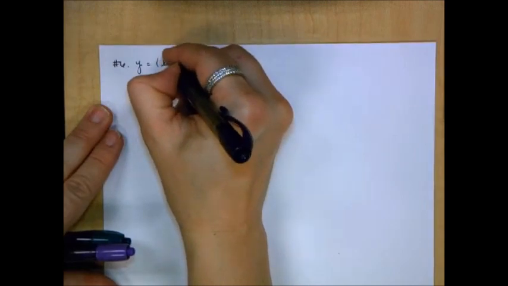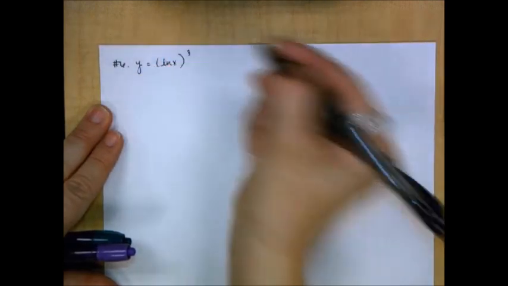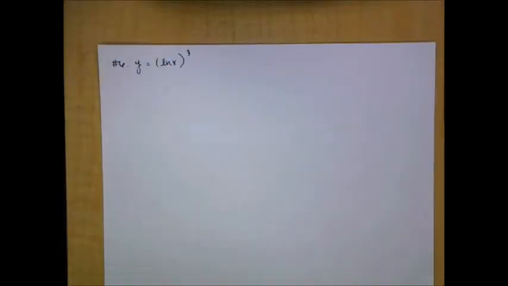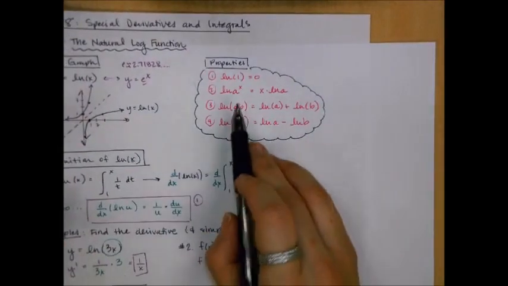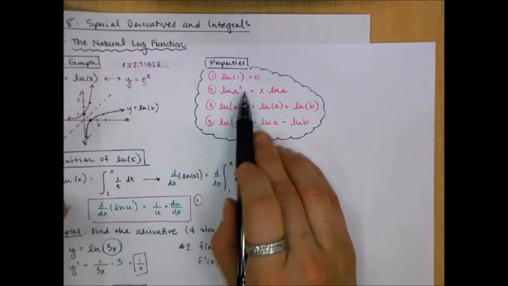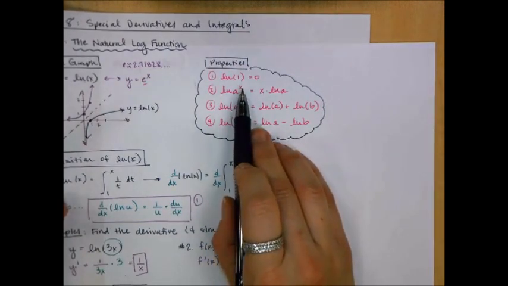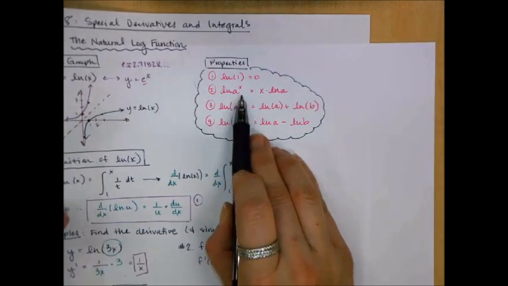So number 6, y is equal to the natural log of x, all cubed. Now this isn't our power rule for logs, because that only works when the exponent is affecting only the thing inside of the log, and that's not what's happening here. This is really the natural log of x, 3 times.